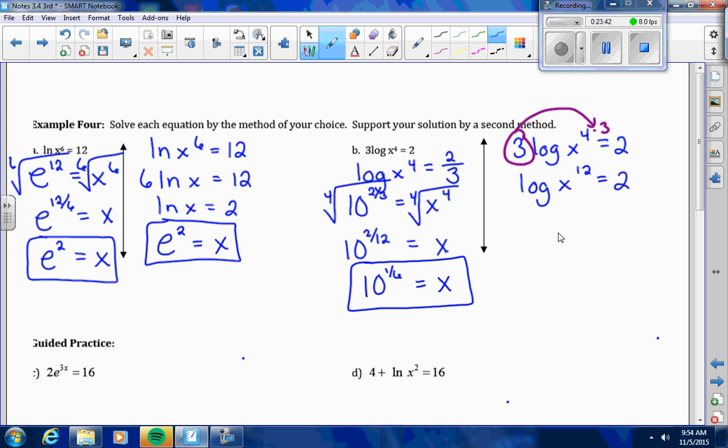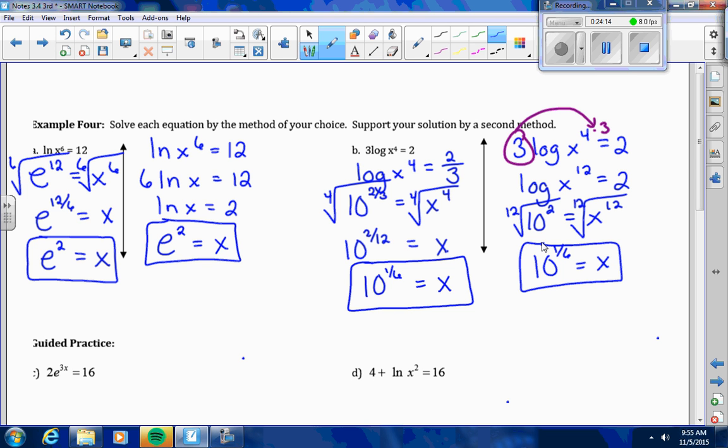So the base of 10 to the 2nd equals x to the 12th. And then what? 12th root of both sides. And when we do the 12th root of 10 squared, what does that give us? 10 to the 2/12, which reduces to 10 to the 1/6.